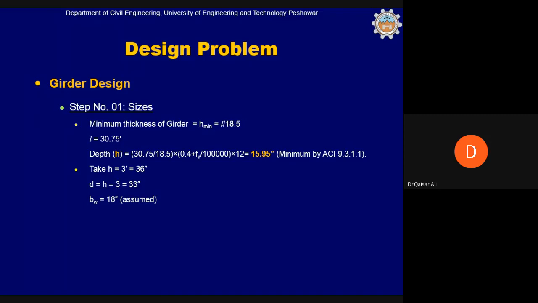Because with the increase in load, what is the purpose of choosing this depth? The purpose is to choose a depth so that the deflections are controlled under the load. And you know that delta, which is the deflection at the midspan, will keep on increasing with the increase in load as well, not only with the length.